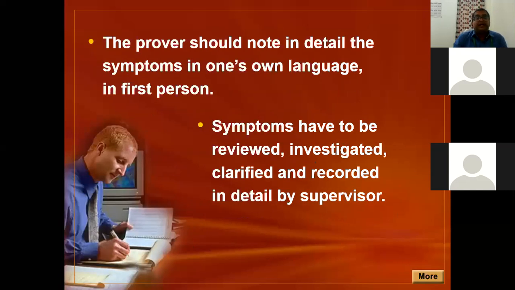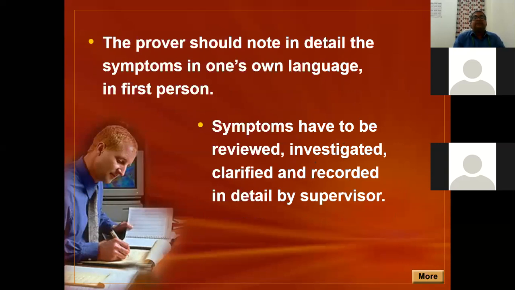The proving should be done with detailed symptoms in one's own language, in first person. The person can write in his own language and personal understanding, how the person is feeling and how he is understanding. So he or she can write in their own language.